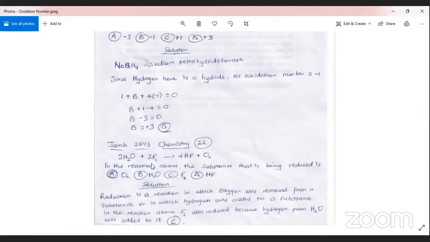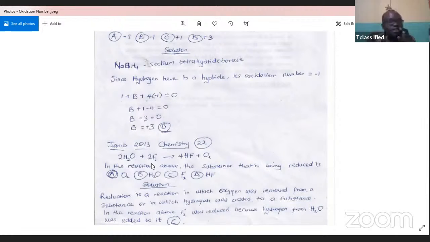Reduction can be seen as the addition of hydrogen or the removal of oxygen, while oxidation is seen as the addition of oxygen or the removal of hydrogen. Since this problem is all about reduction, we are looking at where hydrogen is added.